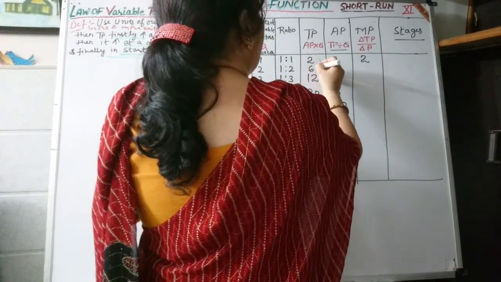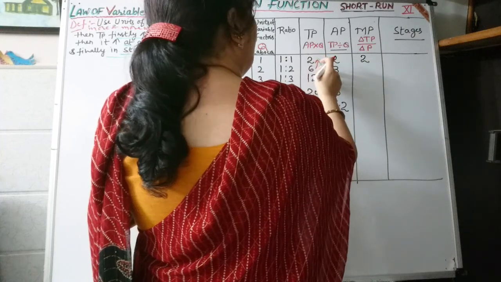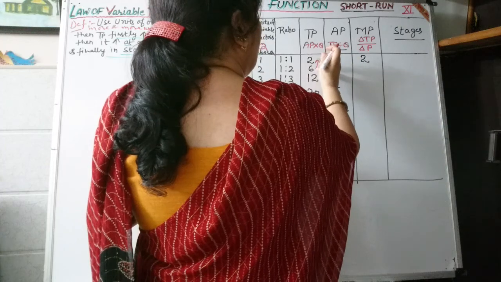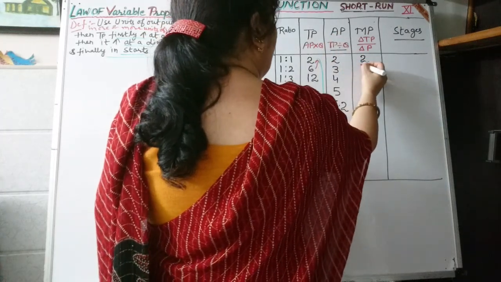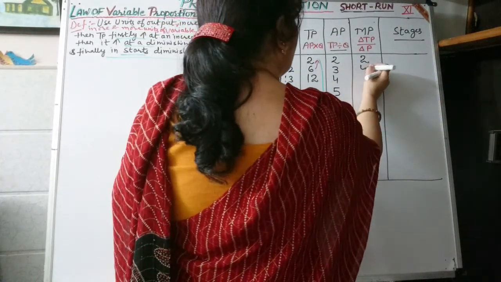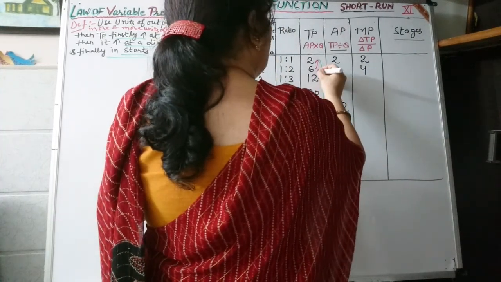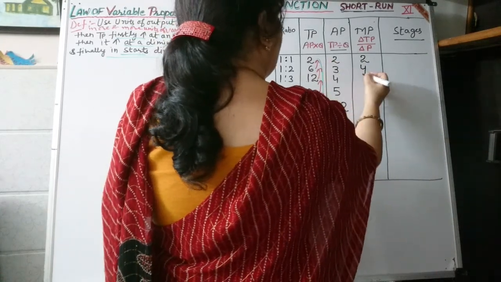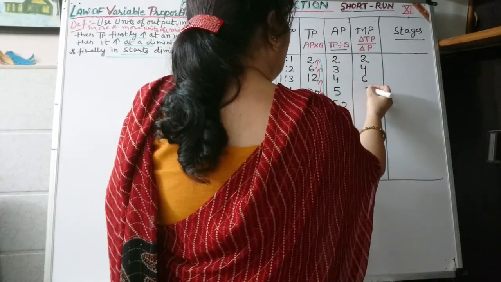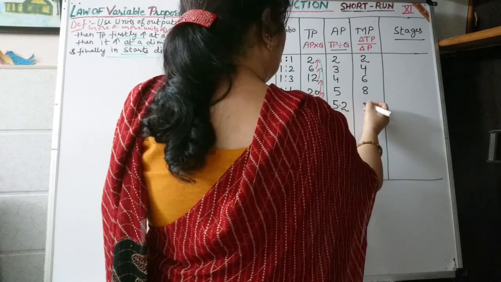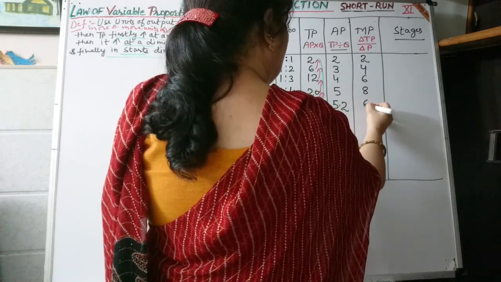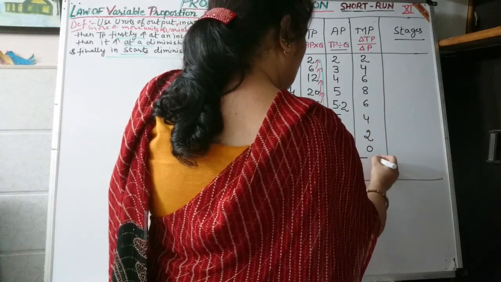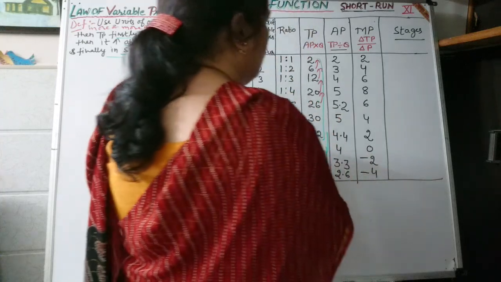We will subtract every additional unit of total production from the previous unit. 6 will be deducted from 2, that would be 4. Then 12 minus 6, 20 minus 12. So in this way we can calculate 2, 4, 6, 8, 6, 4, 2, 0, minus 2 and minus 4.